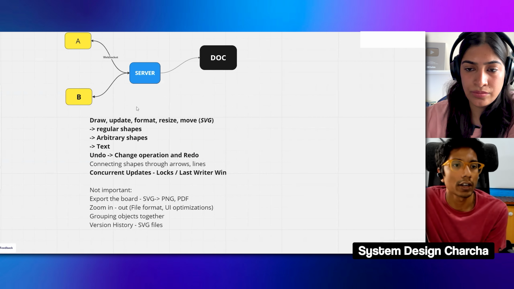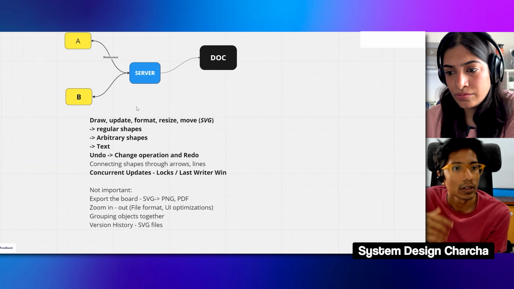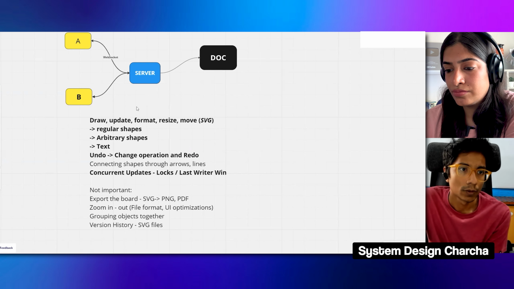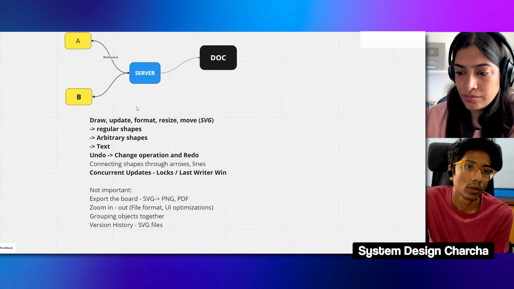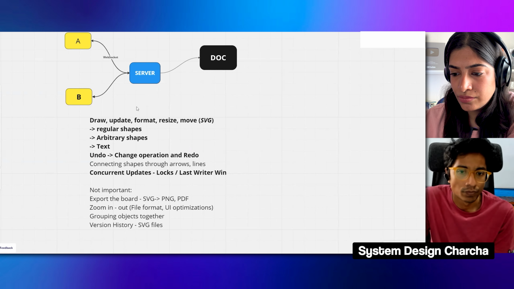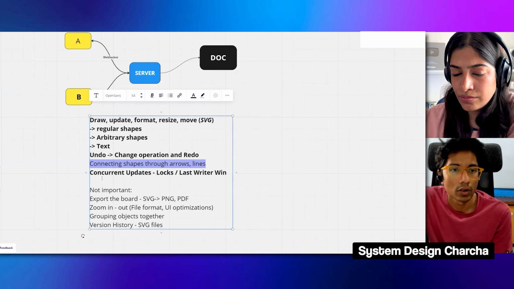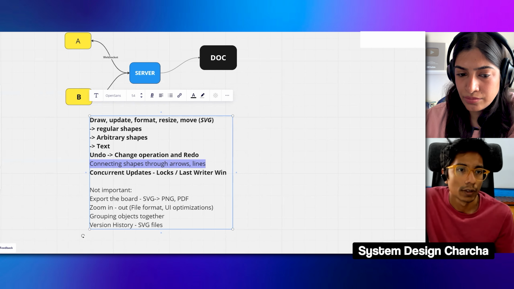If you have any metadata in that edge, whether you add, delete or update it, it can be added, deleted or updated in the graph. Each of those operations would need an undo. So that would be one way in which you can connect shapes, not through SVG, but through an additional data structure of graph.